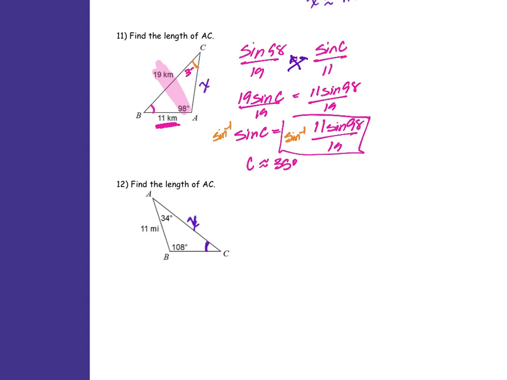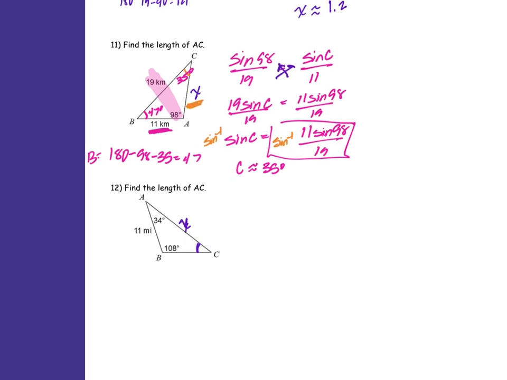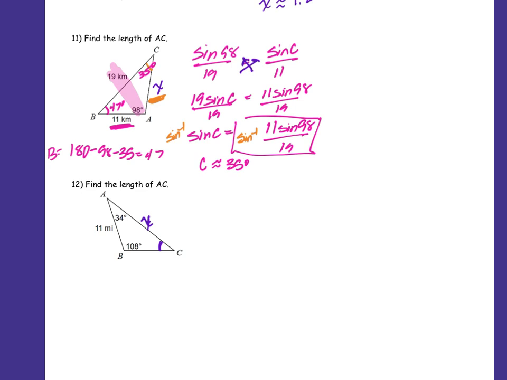That means this one's 35 degrees. So to find B, B is going to equal 180 minus 98 minus 35, and I get 47. So this angle is 47 degrees. And remember, I'm looking for X, this side right here. So I need to do this again. I'm going to use sine of 98 over 19 again, only this time I'm going to use sine of 47 divided by X. Then cross multiply.